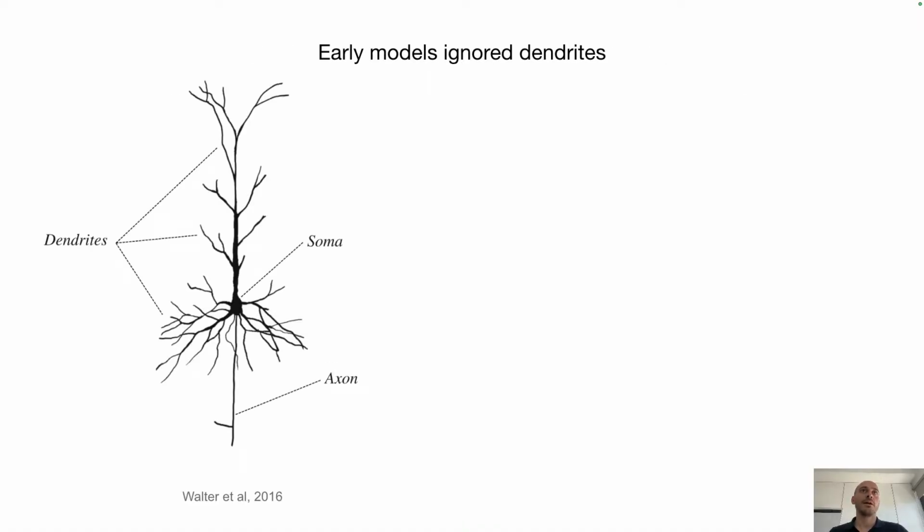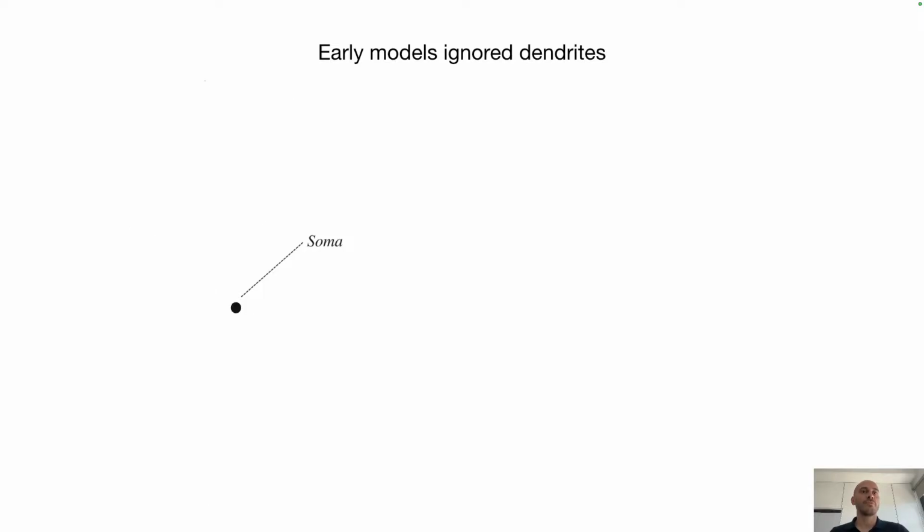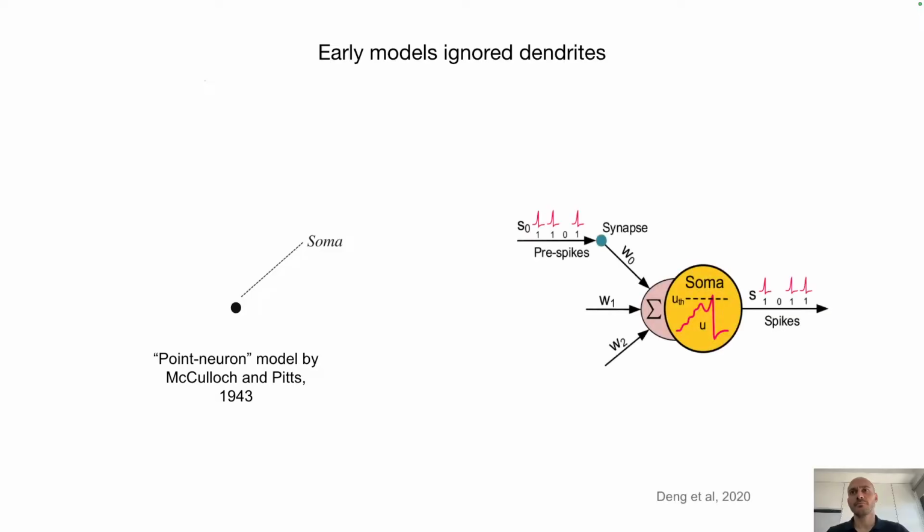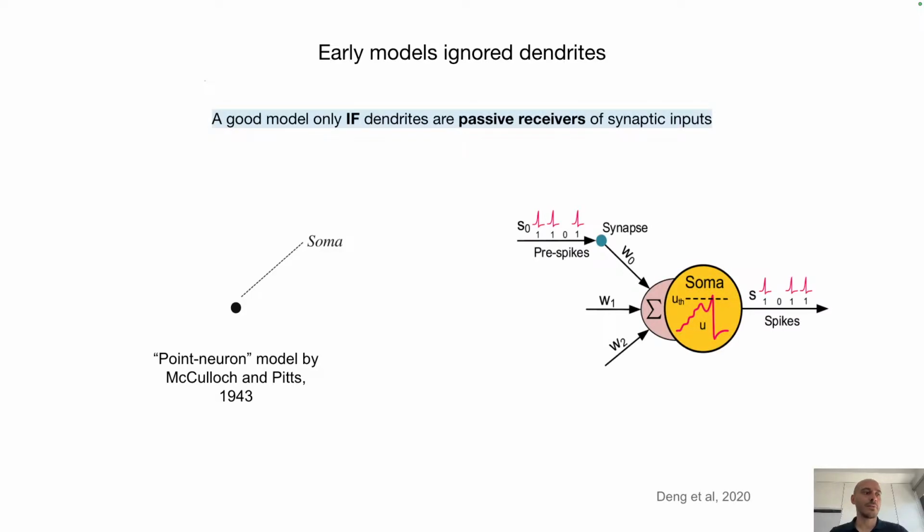Early models totally ignored dendrites, and they focused primarily on what happens at the soma of a neuron. Thus, the point neuron model was born, by McCulloch and Pitts back in 1943. This model essentially captures the thresholding that takes place at the soma when a certain voltage threshold is crossed, which is a decent model.